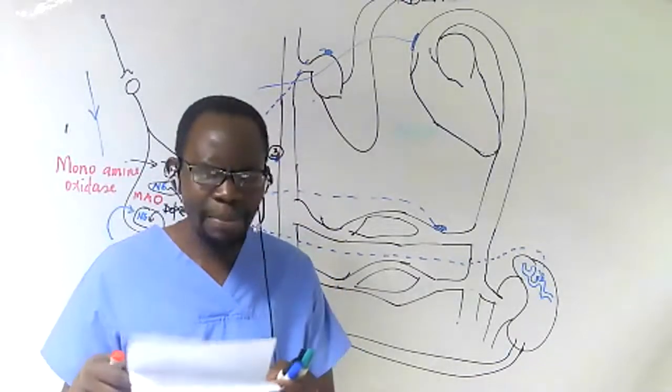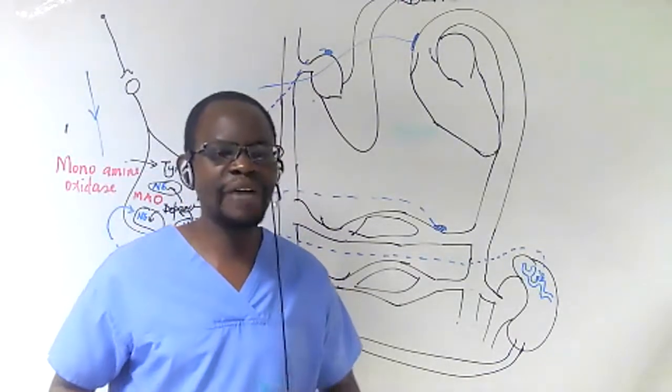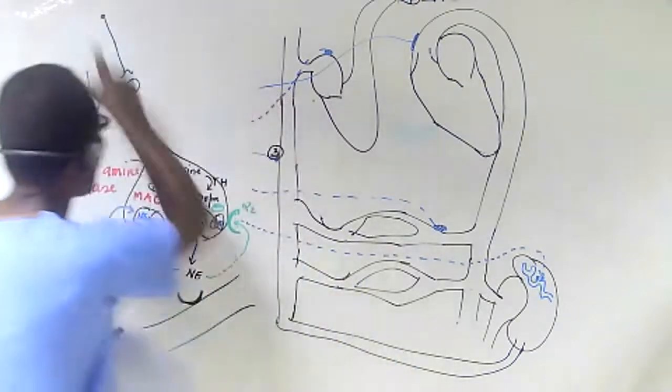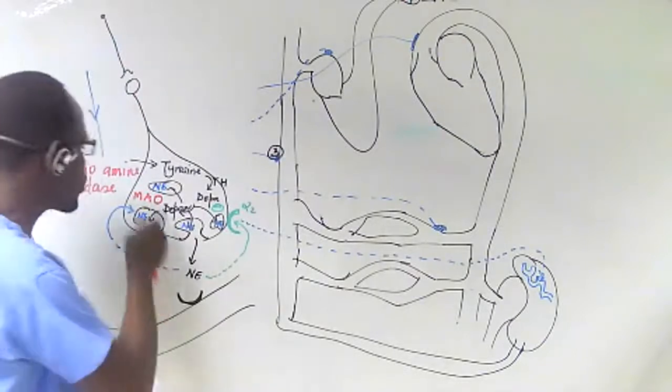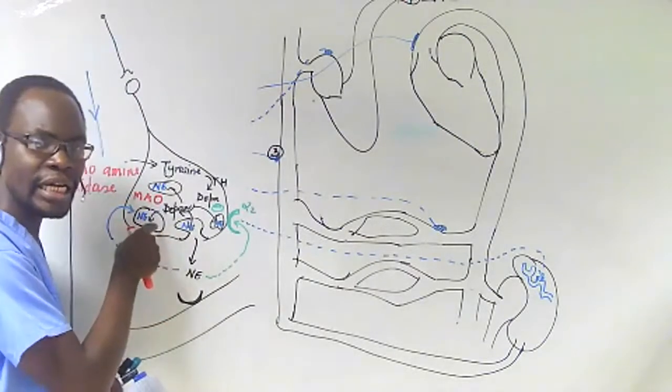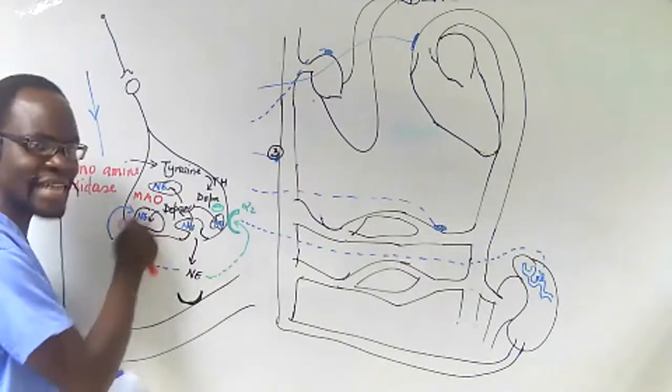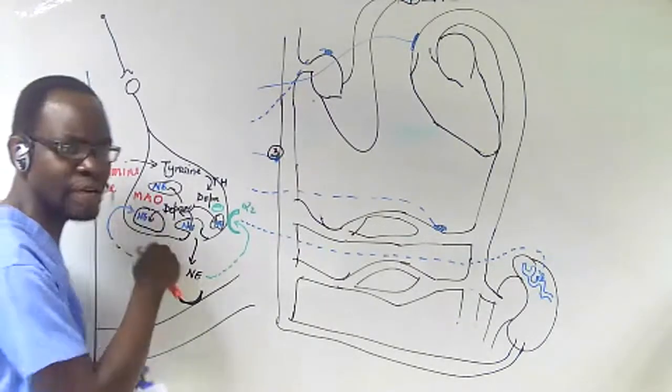So if norepinephrine is destroyed, when we have an action potential, what will be released? It is not the norepinephrine. Instead, it is those drugs that have been concentrated in the vesicles that will be released.